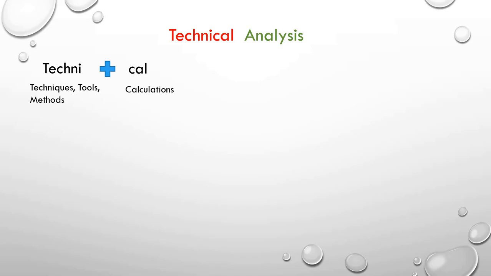One, with the help of techniques, tools and methods, and then with all these techniques, tools and methods, we are going to do the calculations. So methods and calculations are applied to the market data. Whatever the stock market data will be, we are going to apply these things on that so that we can predict the future price movement of your stock.